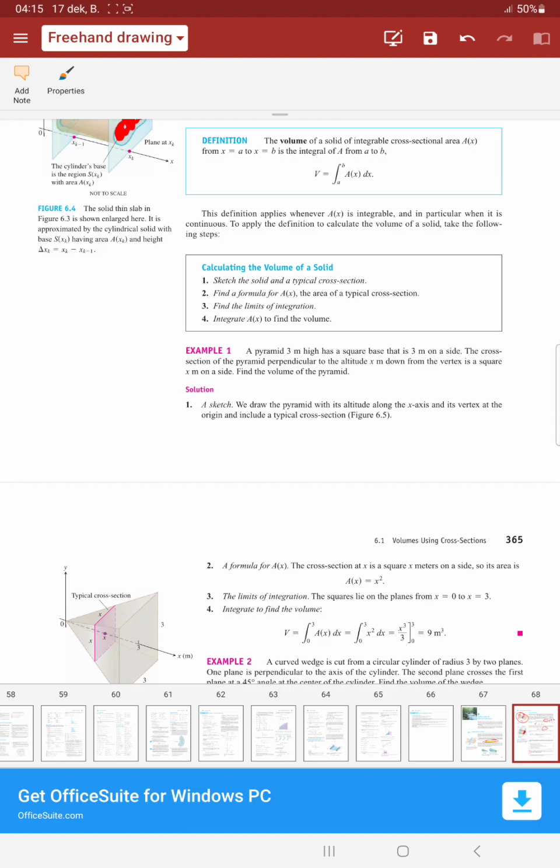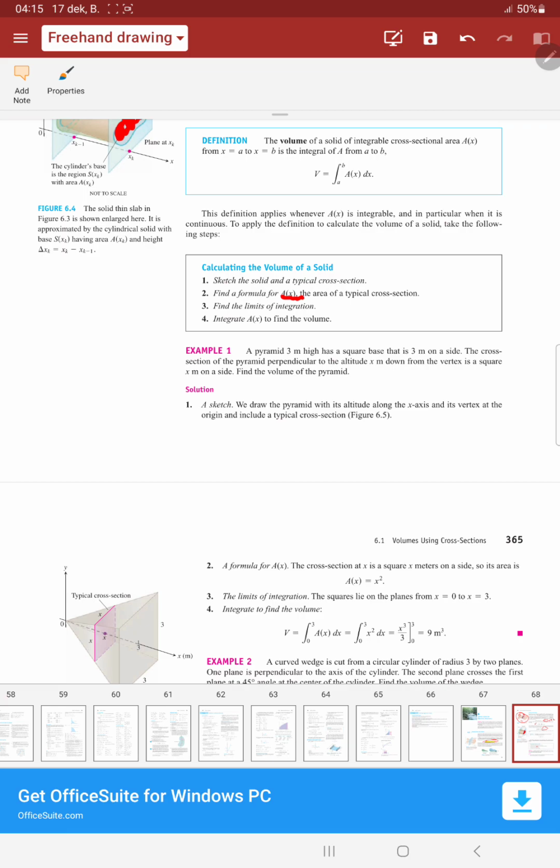Okay, how to calculate? Obviously, our first mission is to find that cross section. If you know that cross section, for example, if it's a circle, we know the area of a circle, pi r squared. So it means we have to find just r, and that's it. We'll get the area. And find a formula, of course. What does it mean?